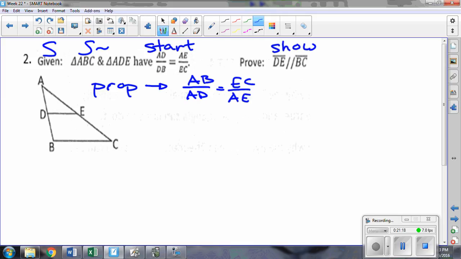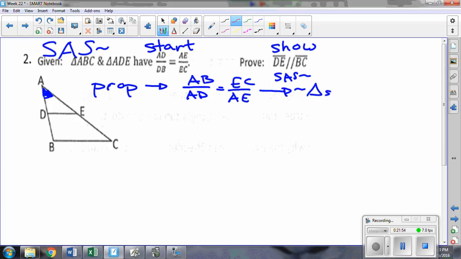We'll also observe that both triangles, they share this angle A. As a shared angle, we know it's congruent to itself. So with a congruent pair of included angles, we're actually setting up side angle side similarity. So this proportion is going to set up side angle side similarity, giving us similar triangles.